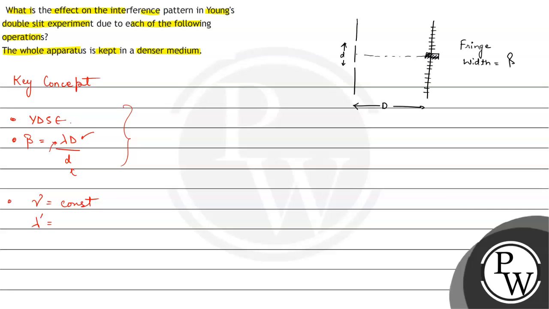So lambda dash can be written as lambda upon mu, where mu is the refractive index of that medium and lambda was the initial wavelength. Thus velocity v also decreases: v dash is equal to v over mu. These are the three key concepts which we need to remember. Keeping these in mind, let us find the solution for our question.